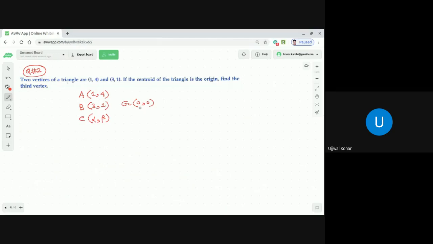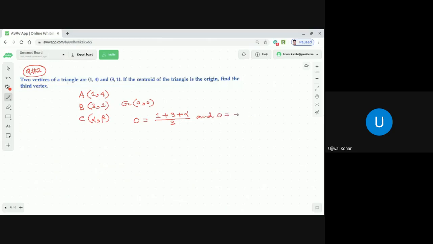What is the x coordinate 0 of the centroid? 0 is nothing but the x coordinate of the point A, that is 1, plus the x coordinate of the point B, that is 3, plus the x coordinate of the point C, that is alpha, divided by 3. And what is the y coordinate of the centroid? That is also 0.